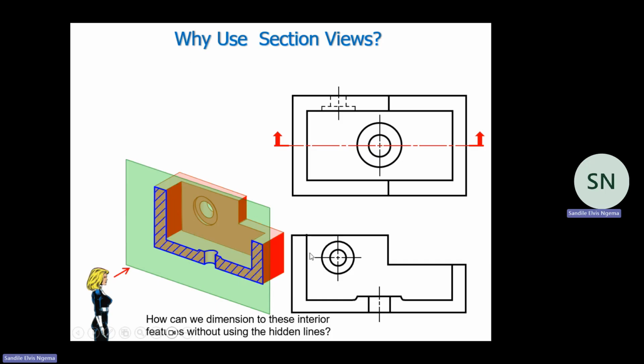Pay attention. Okay. So this is how our drawing was. And now, since we have removed another half, all these hidden details become what? Solid. Why are they becoming solid? It is simple because we can actually now see.